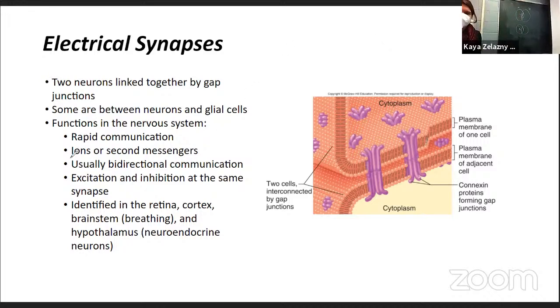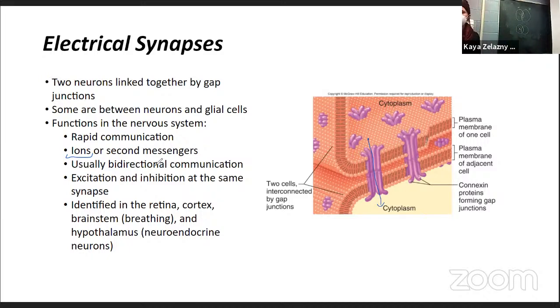The communication molecules that we'll be using here, we'll have ions dissolving in an electrical synapse. So you'd have an ion going from here to there, or sometimes second messenger molecules. Usually this communication is bidirectional.